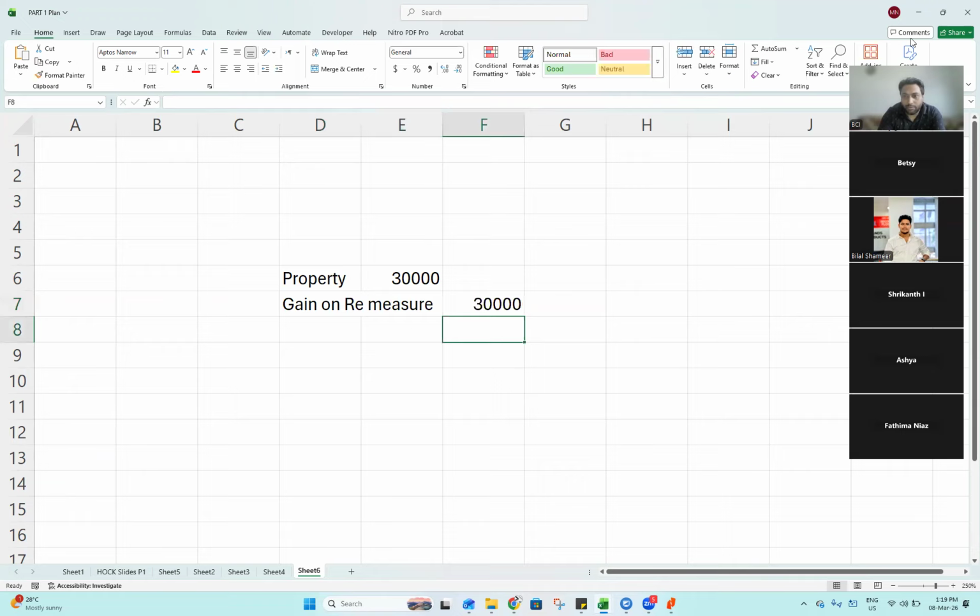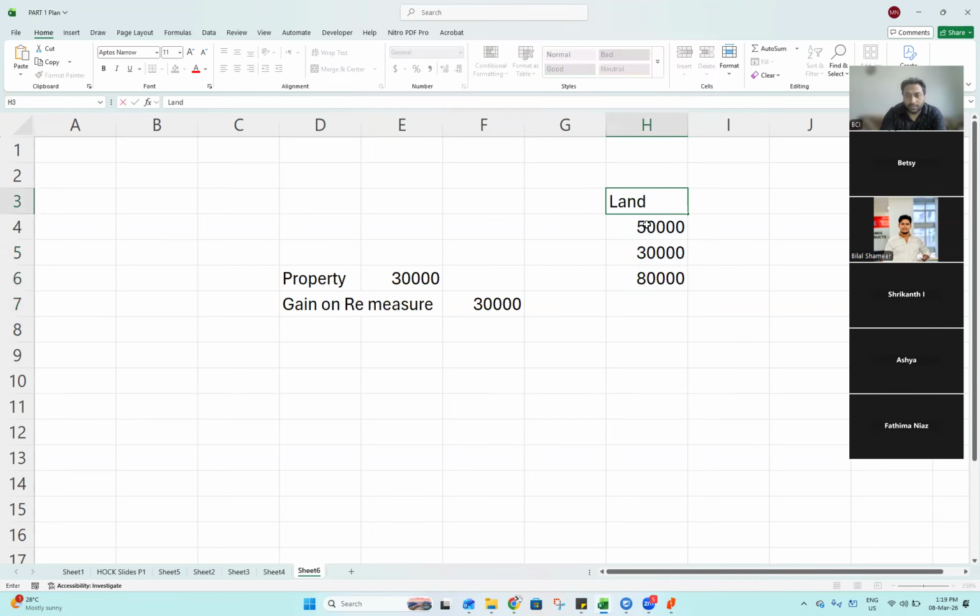So now the value before was 50,000, 30,000 added, so the value became 80,000 for land. Okay. This is all happening on declaration date.